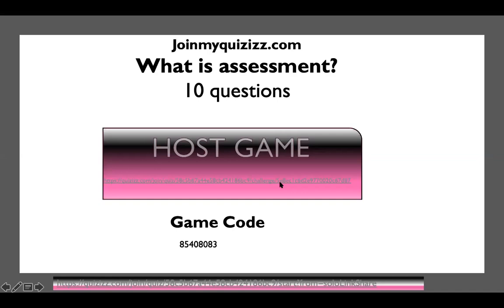Which of the following is not a typical example of formative assessment? So just tick what you think, and don't worry if your answer is not correct. Just go on and tick an answer. Okay, I need to see results coming in.